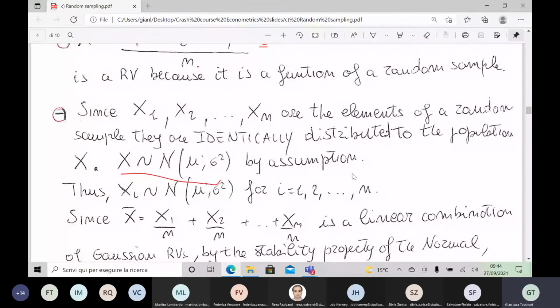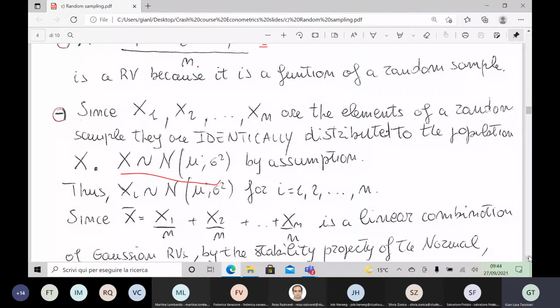Therefore, capital Xi, the ith element of our random sample, since it is identically distributed to the population, will follow again a normal distribution with expectation mu and variance sigma square. And this is true for all the elements of the sample, from i equal to 1 to n.